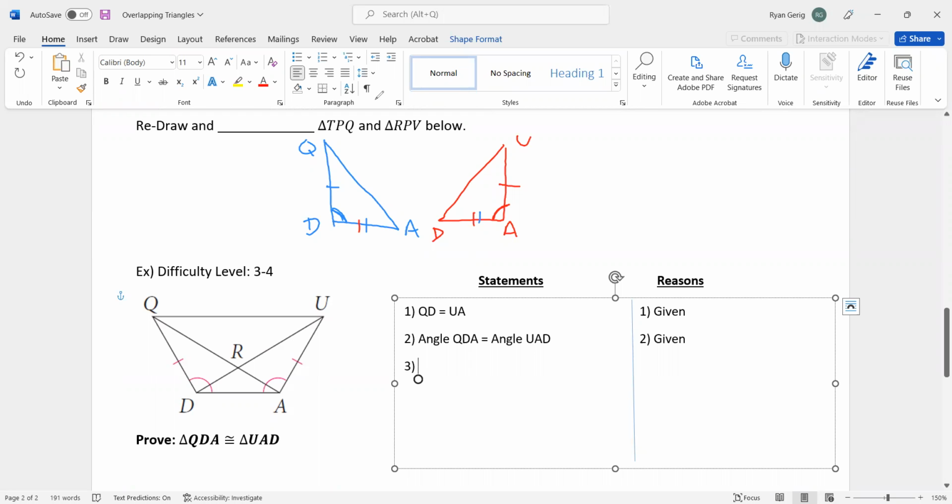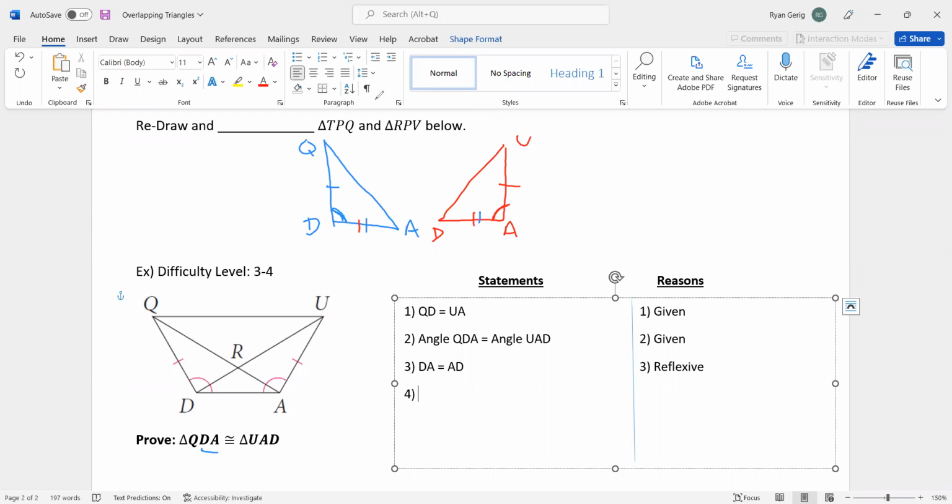If you look at the congruent statement here at the bottom, DA is congruent to AD. It kind of gets flipped. So I'm going to use that to help me. Not UA. DA is congruent to AD. Why are those congruent? The shared part, it's the reflexive property.